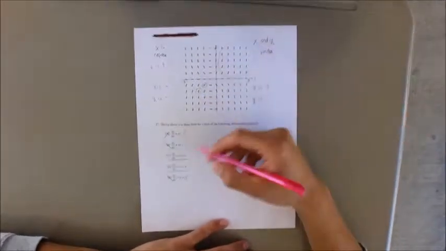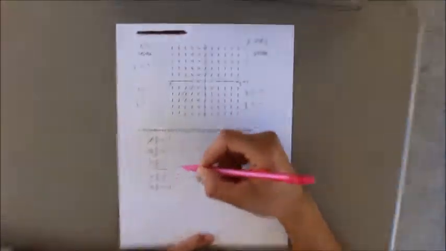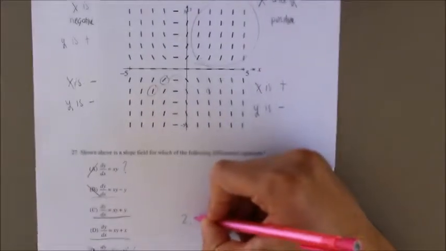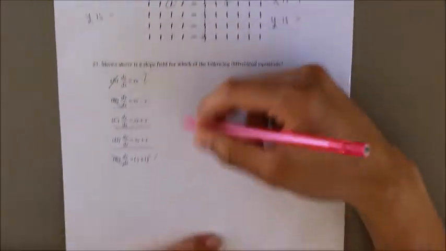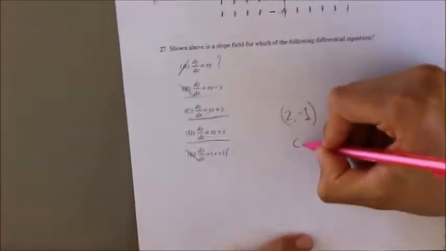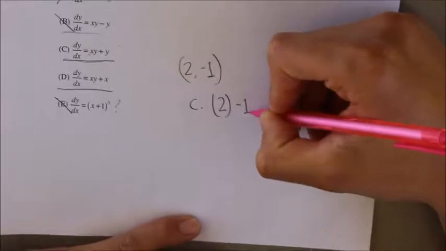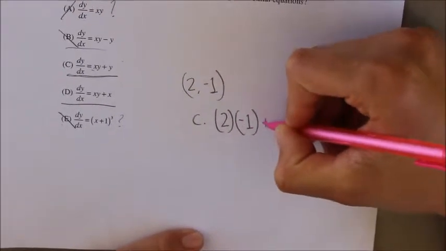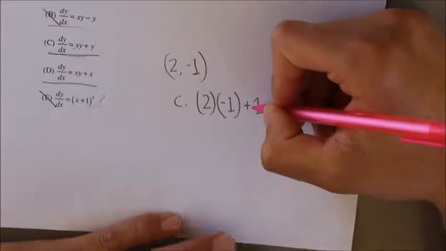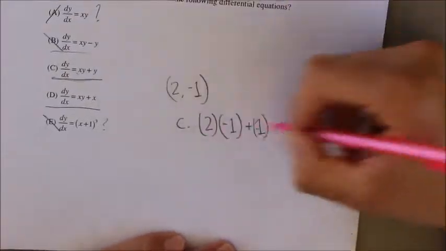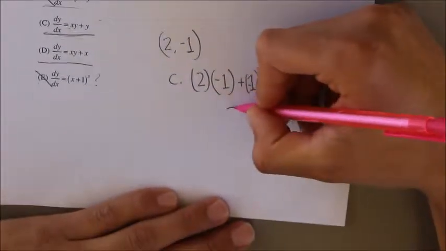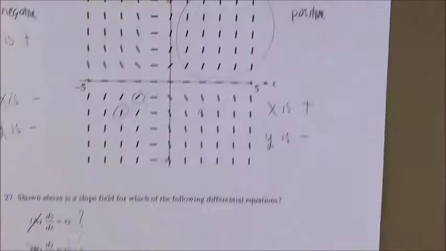Since we have xy plus x and xy plus y, let's use the point (2, -1) and plug it into both. For C, 2 times -1 is -2, plus y, which is -1, gives you -3. So this is still a possible answer.